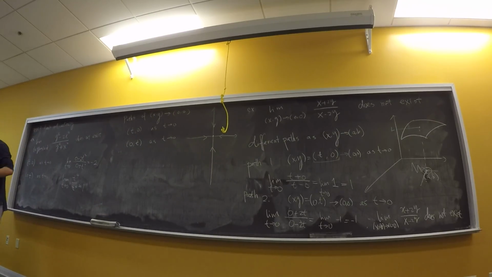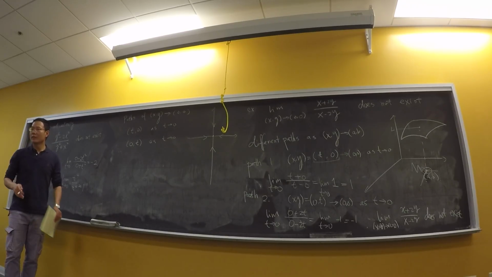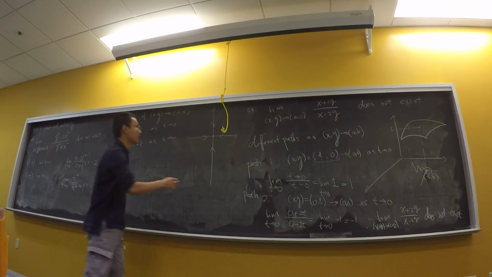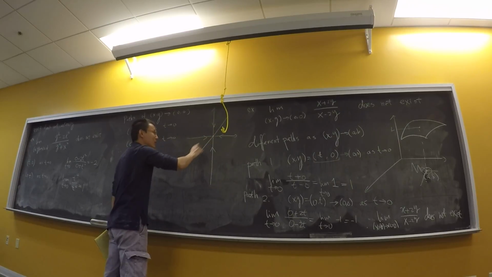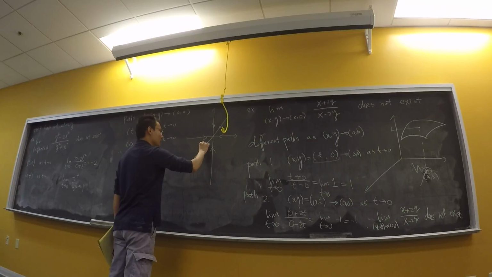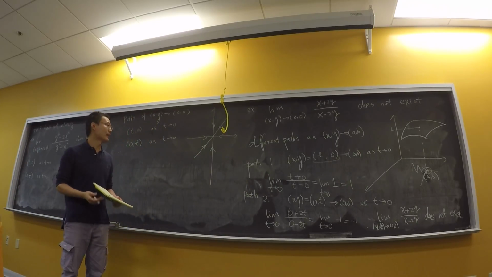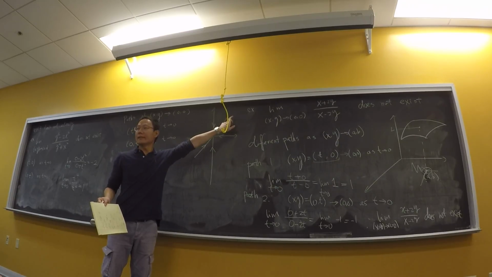Can you give me any other path to approach the origin other than the x and the y-axis? You can pass the origin with slope 1, for instance, 1 or negative 1. If we're approaching this origin from this straight line, the slope 1 has the equation y equals x, all right?